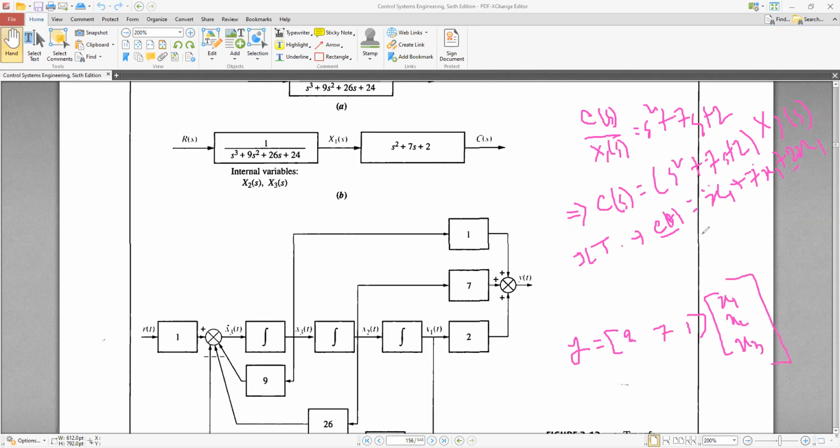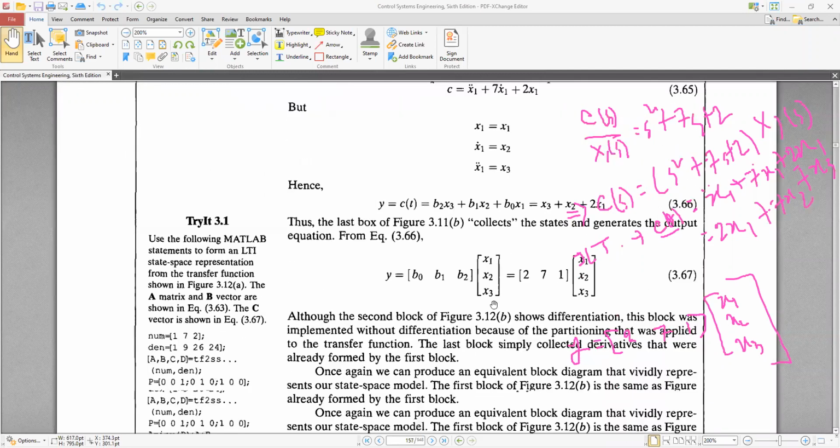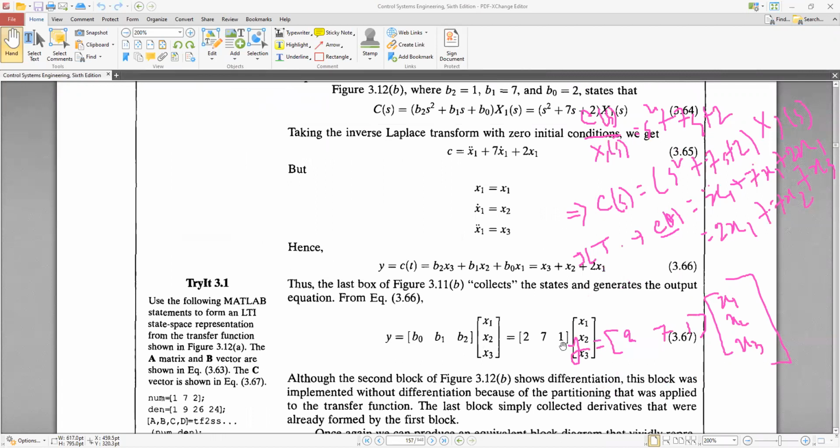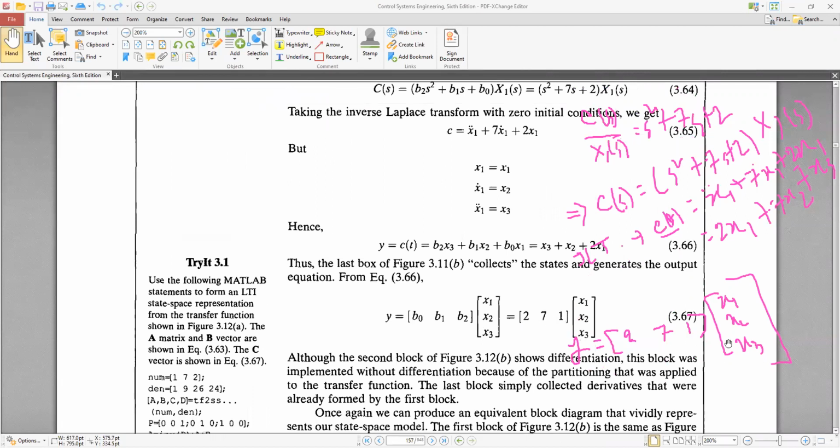Or you can write like this: 2x1 plus 7x2 plus x3. That is your output. So I think they did this, something like that: 2 7 1 x1 x2 x3.